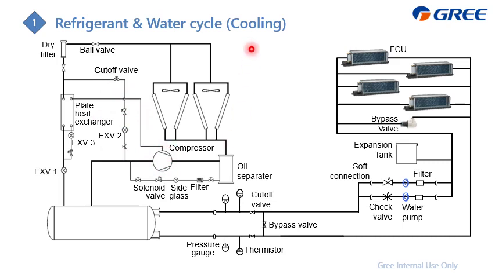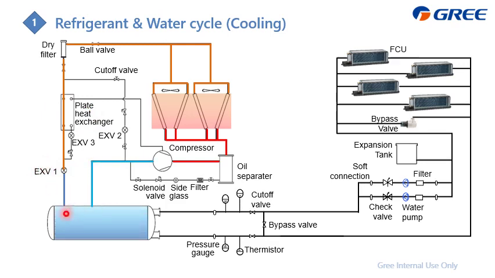I will analyze the cooling first. The refrigerant from the compressor is a high pressure and temperature gas. After the oil separator, it goes to the condenser, which is the outdoor heat exchanger, to release heat. Then the gas becomes liquid and goes through the dry filter, then the preheat exchanger, then EXV1. There it gets expanded to become a low pressure and temperature liquid.